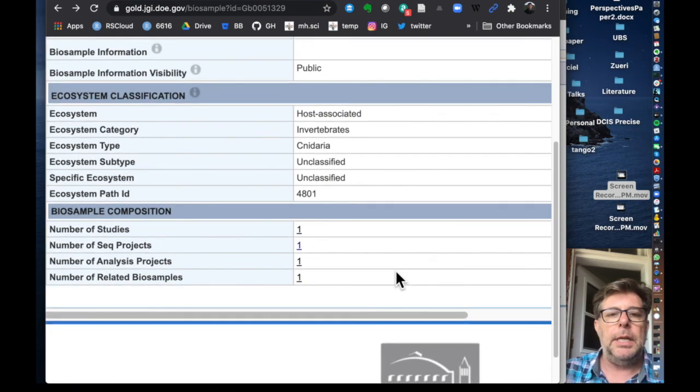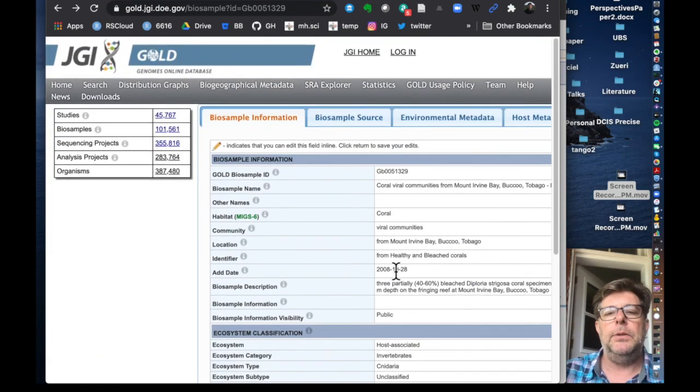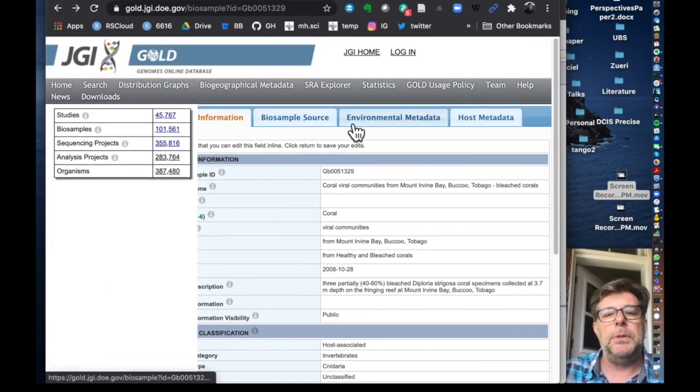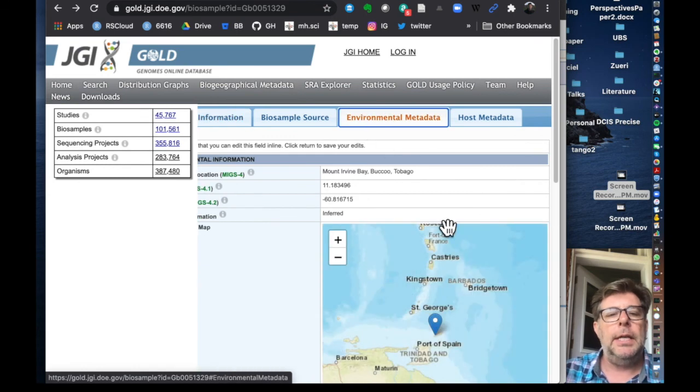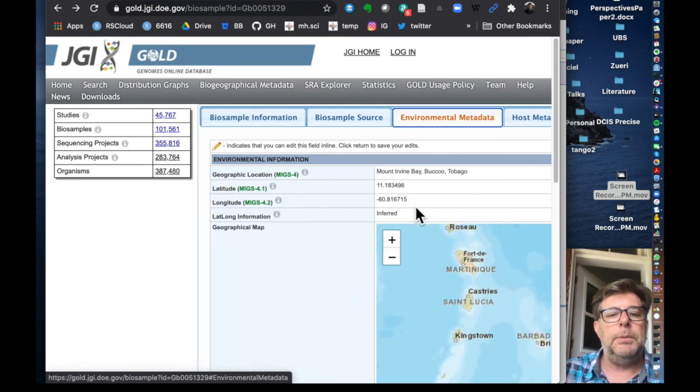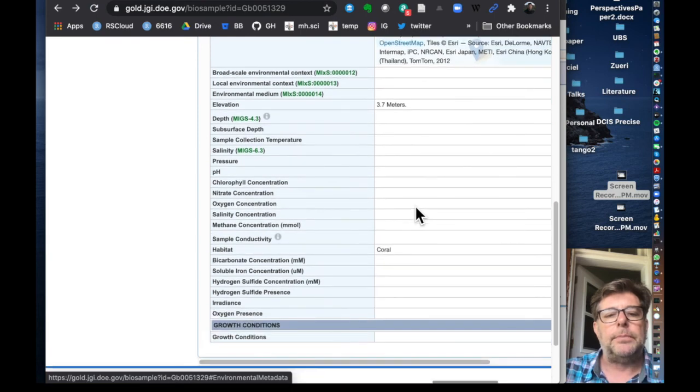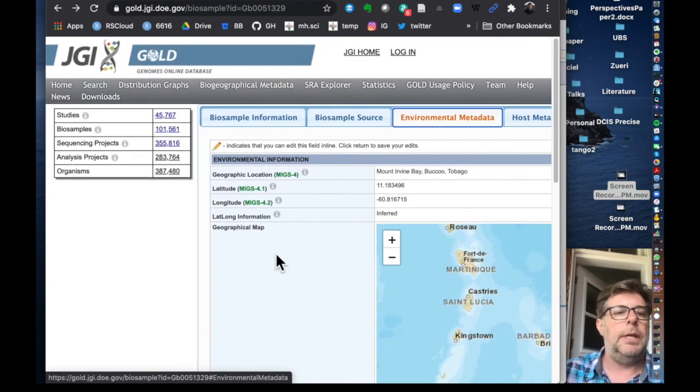So that makes it really a nice way to explore. And you see biosample source, environmental data about everything from the temperatures to the depth, even things like bicarbonate or iron or nitrogen in the water, all those kinds of things.